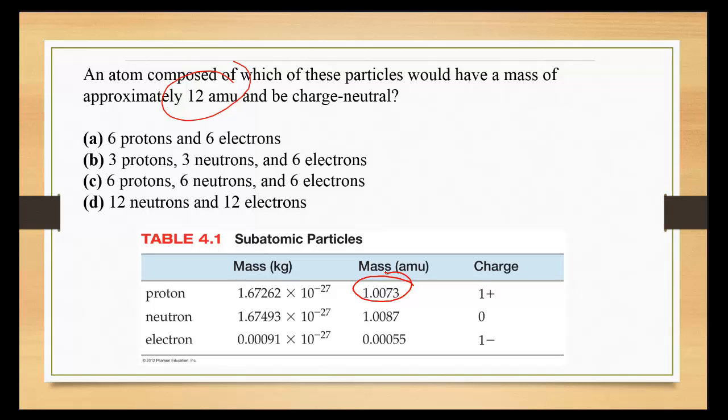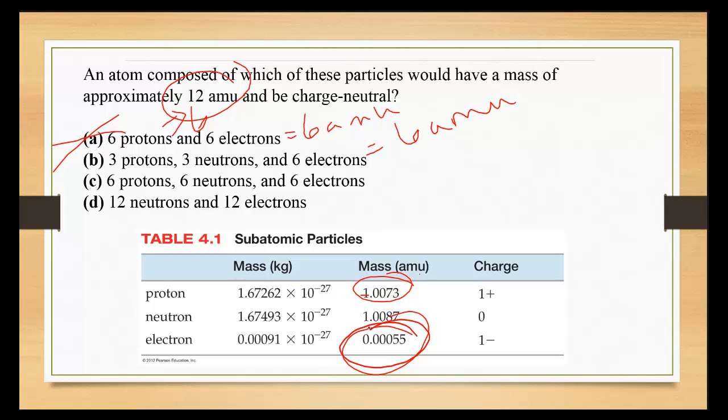So this would then equal 6 AMU approximately, which would not work. B, 3 protons and 3 neutrons, so that'd be 3 times 1 and 3 times 1, with a total of 6 AMU. The mass coming from the electrons is so small it is insignificant.